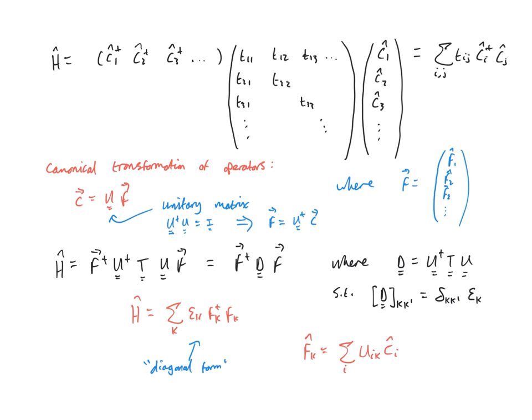So this matrix U is basically a matrix of vectors, and those vectors are the eigenvectors. Those vectors really are the wave functions, if you like. If I take the square modulus of these UIKs, it gives the probability of finding a particular real space orbital labelled I in the diagonal basis of K.